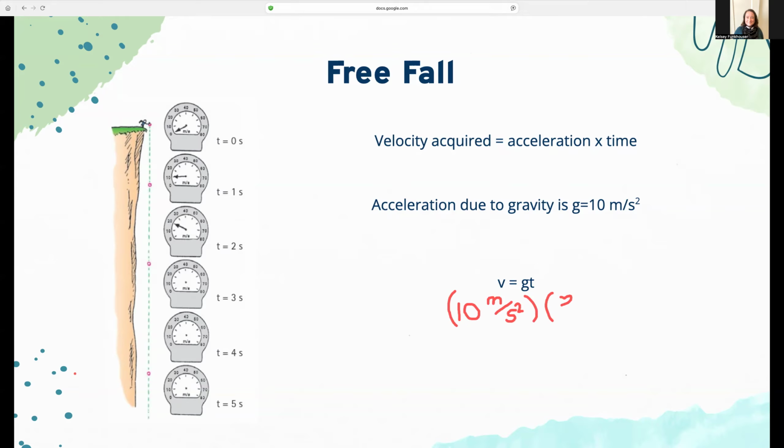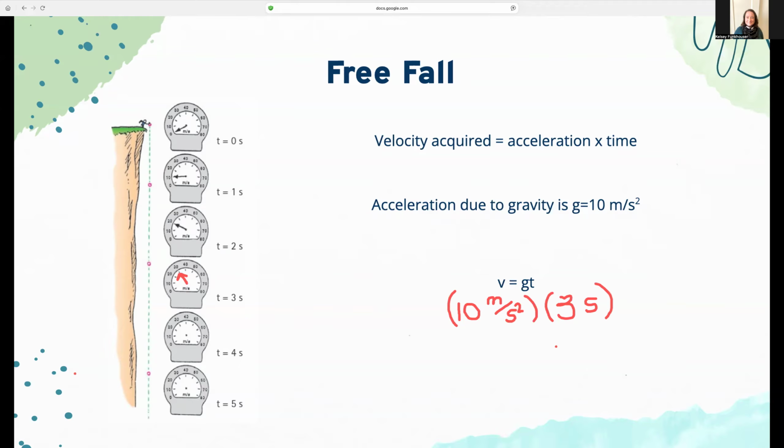So at 3 seconds, our time is 3 seconds. So 3 times 10 is going to give us 30. So the speed or velocity, it's both of those actually at this point, at 3 seconds is 30 meters per second.